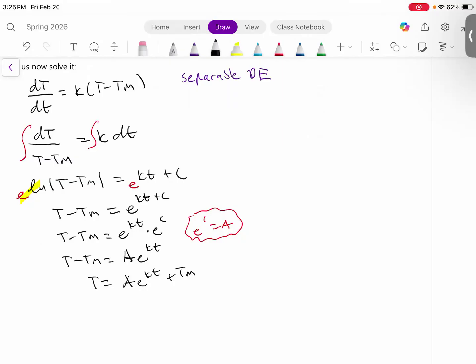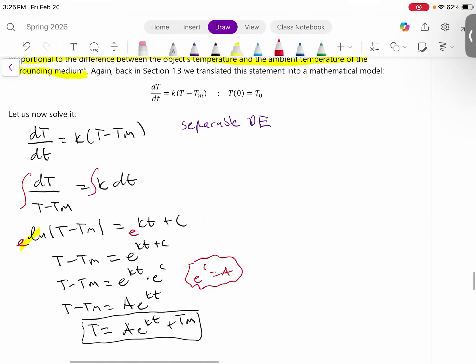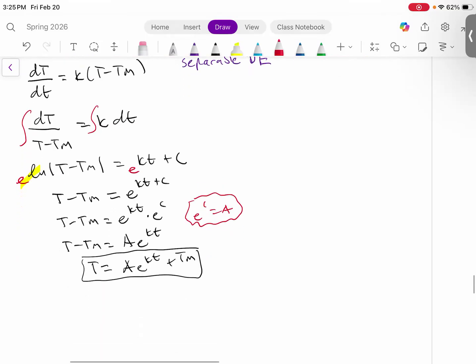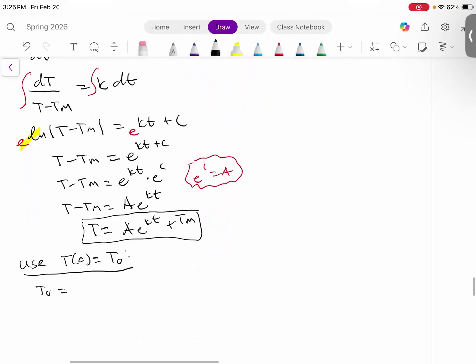Okay, so that is our solution, but we're not done yet. We still have this initial value to use to fill out the rest of our solution to Newton's law. So we're going to use our initial condition. At time 0, we have an initial temperature T naught. Going to plug that into our solution: T naught equals A e to the k times 0 plus T sub m.